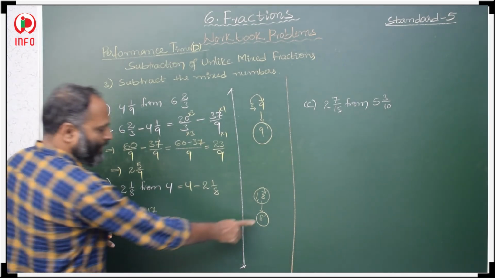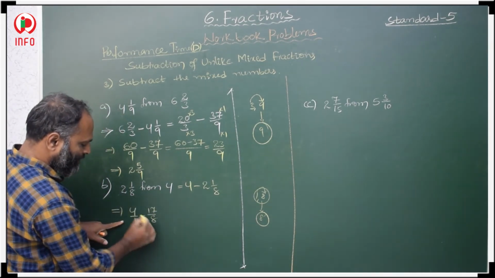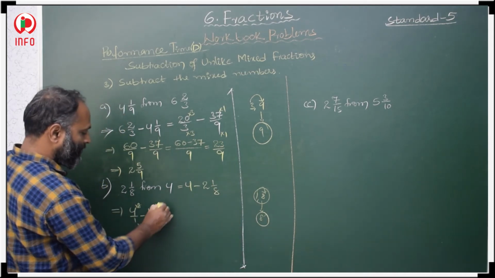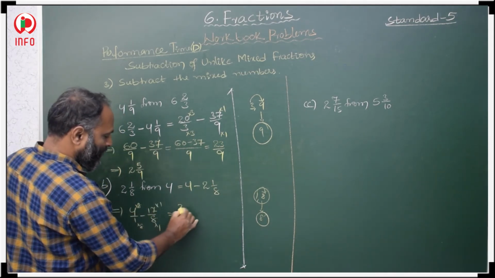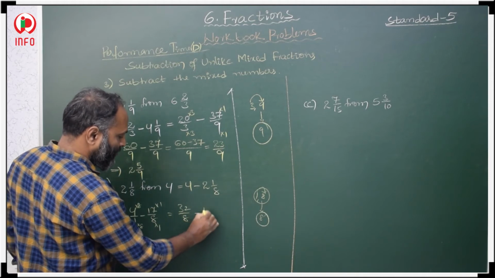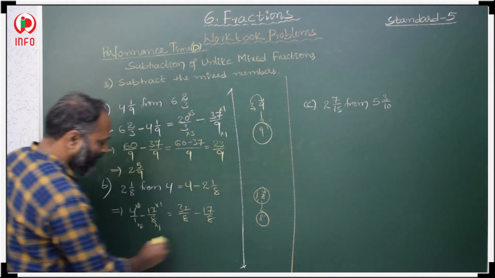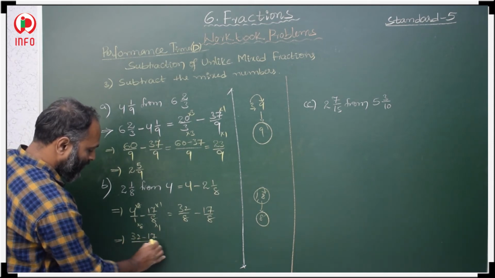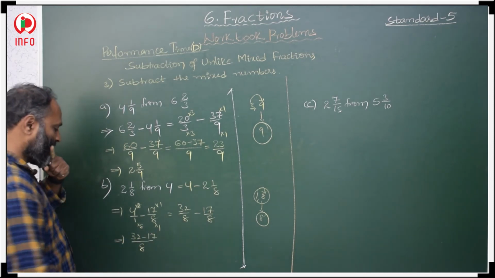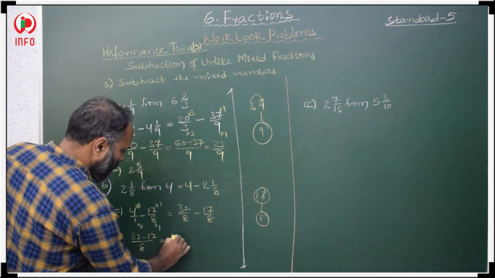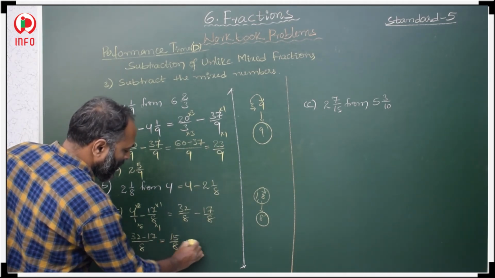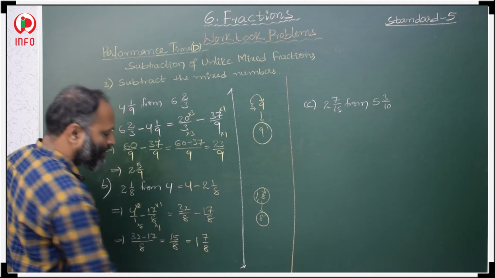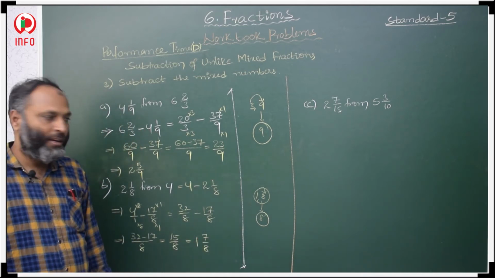In the 1 table, to get 8, 8 1s are 8, 4 8s are 32. In the 8 table, to get 8, 1 1 is 1. 4 8s are 32, 17 1s are 17, 8 1s are 8. Then like fractions, 32 minus 17 by 8, that is 15 by 8. In mixed fraction, 1 7 by 8.